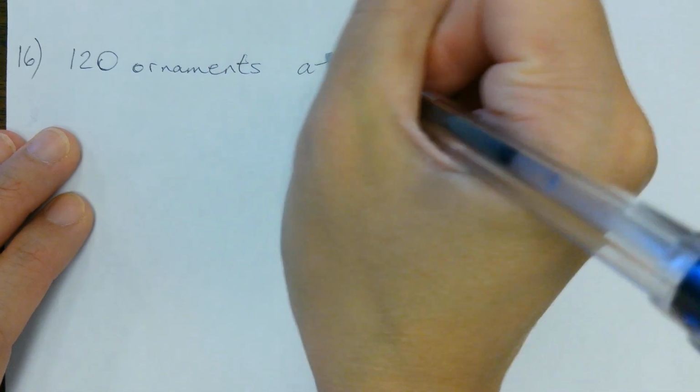So right now it might seem very hard, but after a couple more times it will make more sense. Okay, so number 16 says you can sell 120 ornaments if you price it at $4.